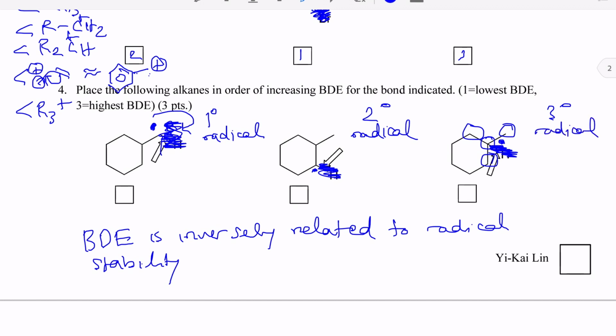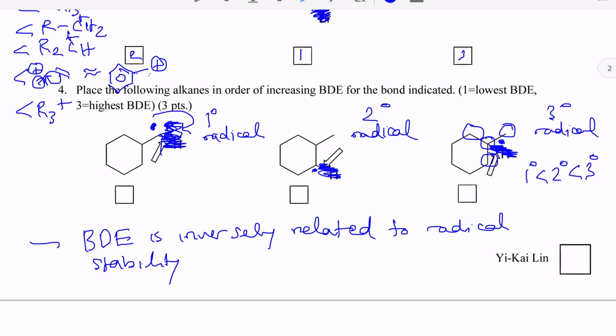What this tells us, from what we already know, is that primary radicals are less stable than secondary radicals, which are less stable than tertiary radicals.